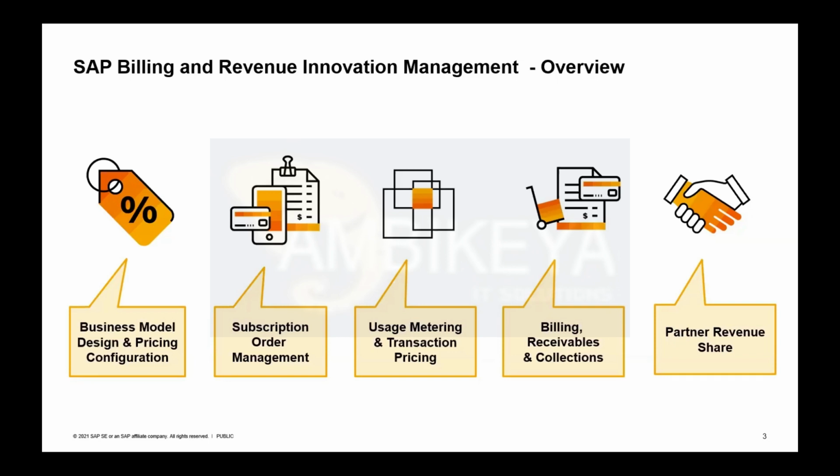Then we come again to the S/4 solution. Billing, receivables, and collections is covered by financial contract accounting, which is FICA. This includes the component convergent invoicing and financial contract accounting for open item management.